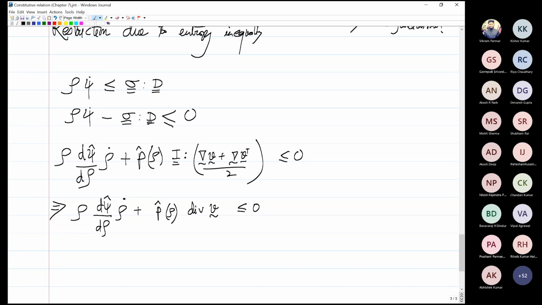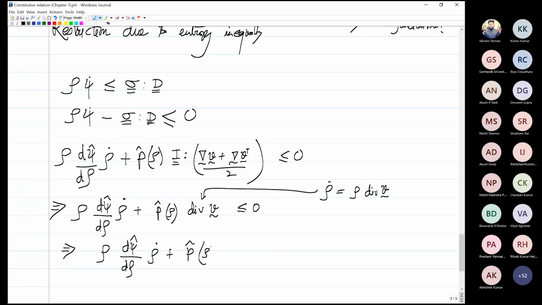But then from mass continuity, rho dot is equal to minus rho times divergence of velocity, isn't it? So if you plug that in here, you have rho times d psi hat by d rho into rho dot plus p hat of rho into rho dot by rho less than or equal to 0.